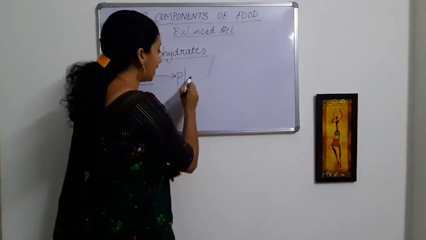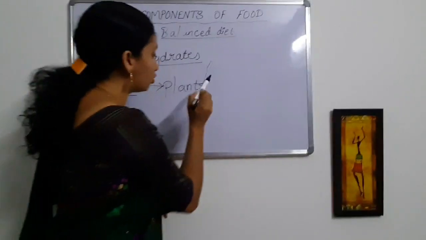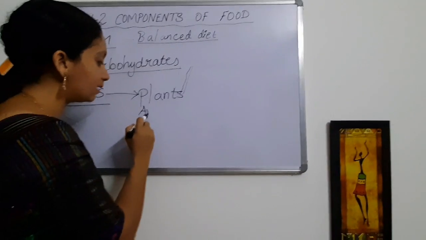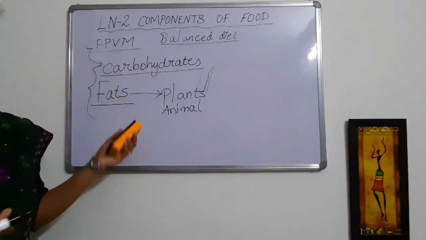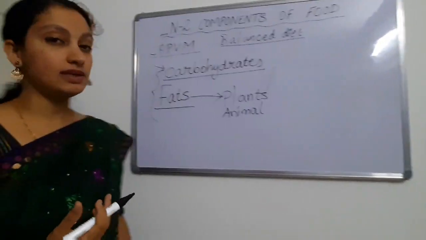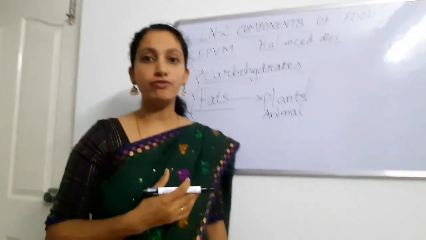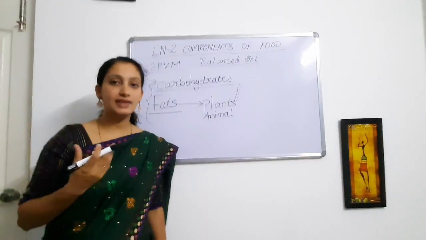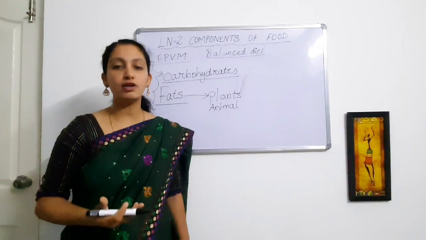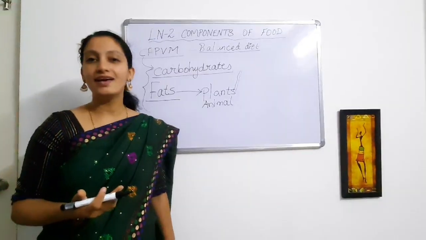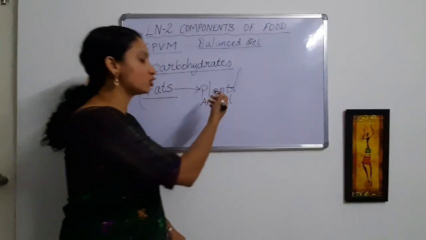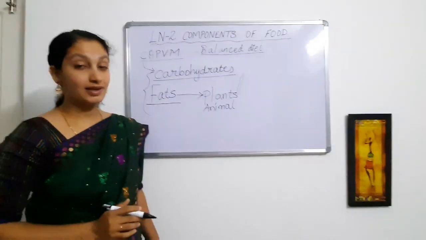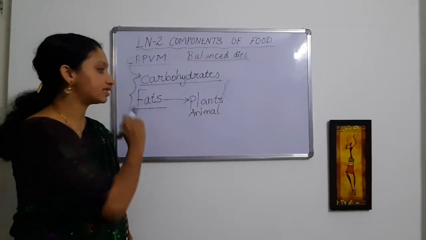So what are the foods giving you fats? We are getting fats from plant sources as well as from animal sources. You can give examples for plant origin, like all the types of oils, like sunflower oil, coconut oil, mustard oil, all these oils are of plant origin and contain fats.